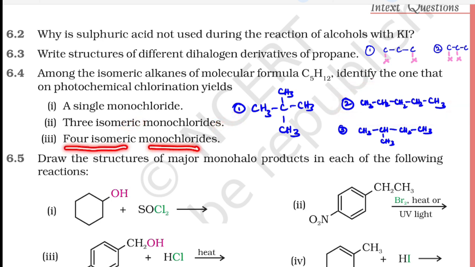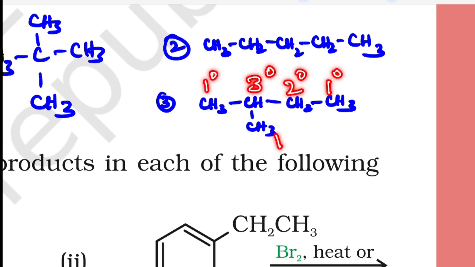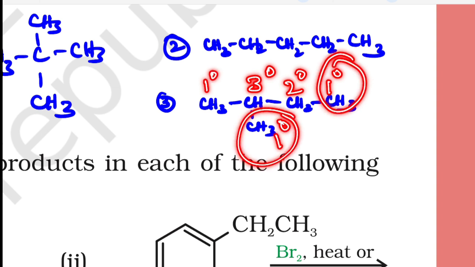4 isomeric monochlorides means 4 different hydrogen atoms should be present. So see in this compound whether 4 different hydrogen atoms are present. So this is primary carbon, this is secondary carbon, this is tertiary carbon, this is primary carbon, this is primary carbon. So here you can see 3 primary carbons are present.